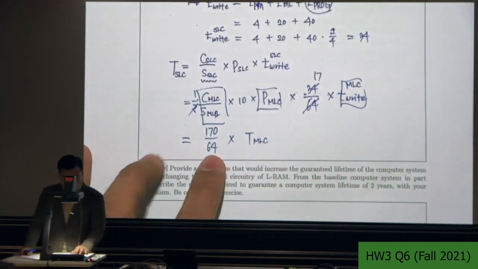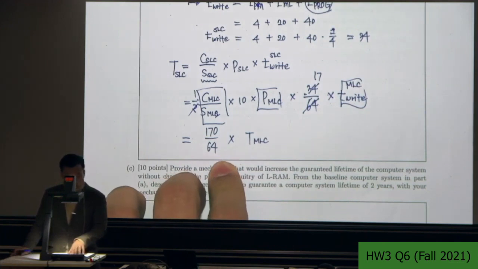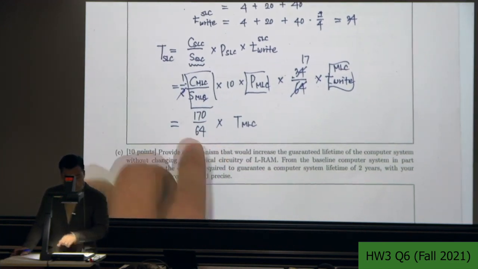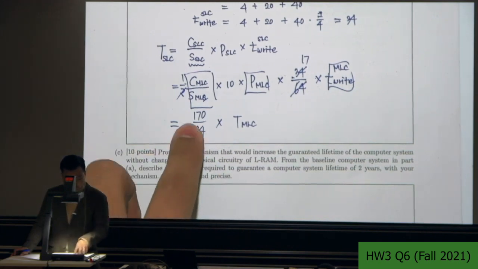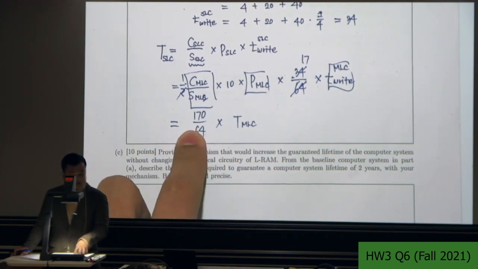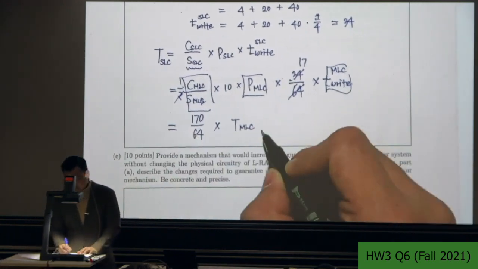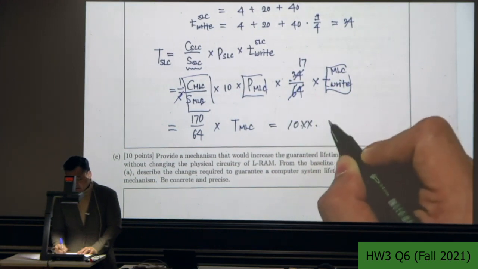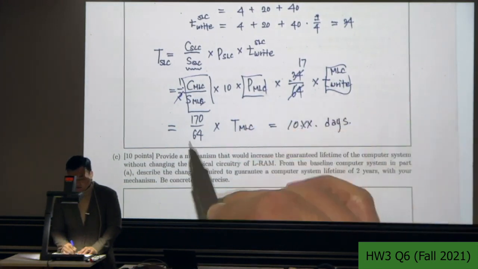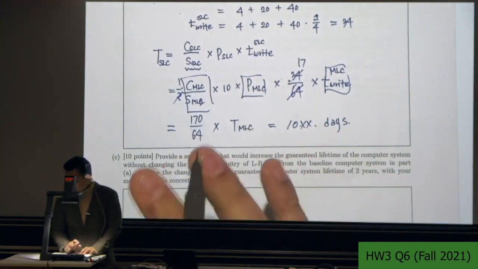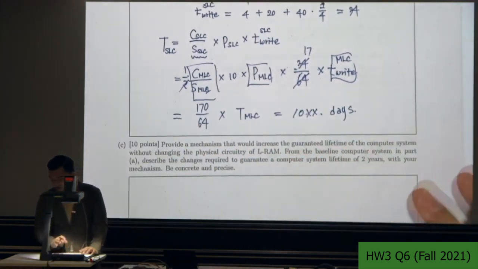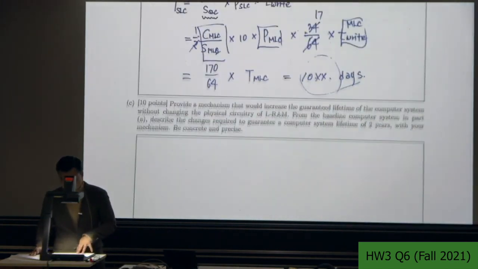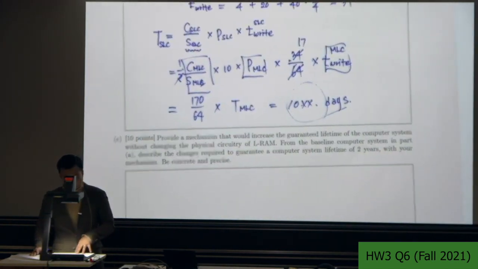So this means, by using the LM device as an SLC device, we can improve. The improvement gain is about less than 3x, right? So as I remember, this is about 1000x, x days. And for the final form, you don't need to calculate the exact number of this. Is it clear?